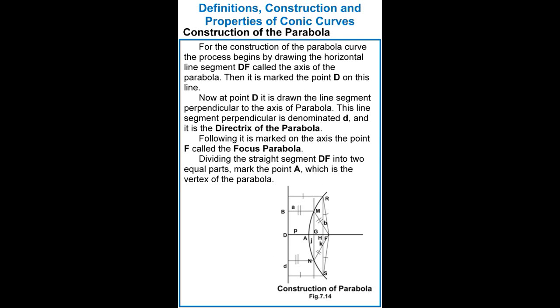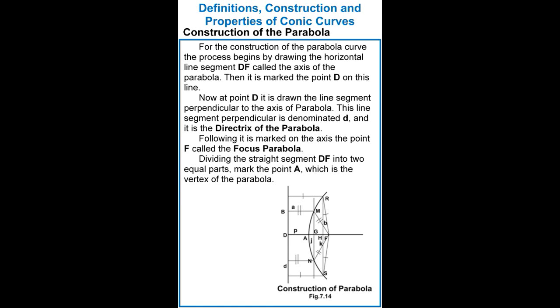The second slide from the fourth class of Chapter 7 presents the procedure for constructing the curve of the parabola. Figure 7.14 presents the curve and the details of its construction. The construction begins by drawing the horizontal line segment DF, called the parabola axis.